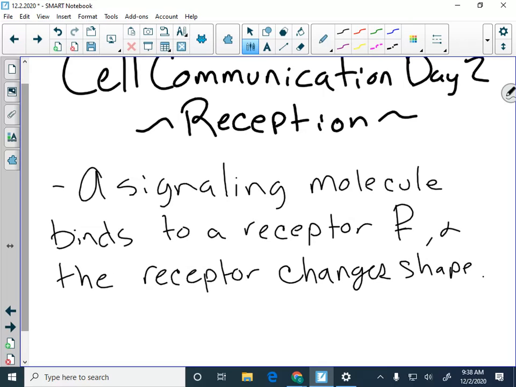That is the process that we are going to talk about today. Getting from signaling molecule binds to receptor, receptor changes shape, and signals the next step, which is transduction.